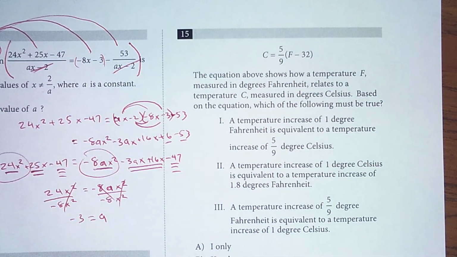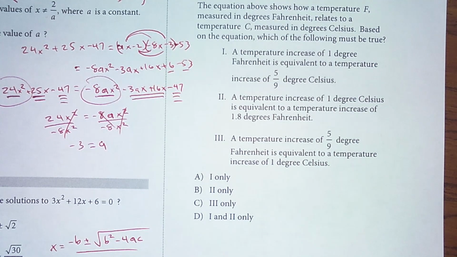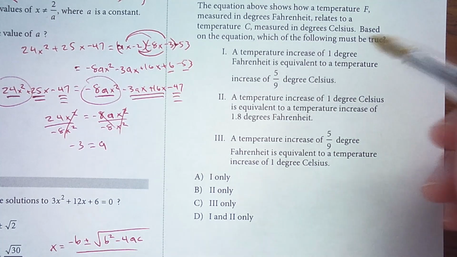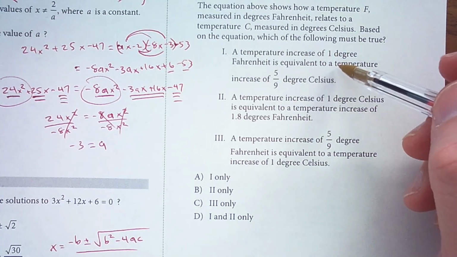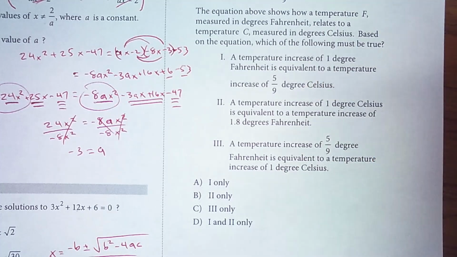For 15, the equation above shows how a temperature F in degrees Fahrenheit relates to a temperature C measured in degrees Celsius. Based on the equation, which of the following must be true? So it could be statement 1, 2, 3, or 1 and 2. A temperature increase of 1 degree Fahrenheit is equivalent to a temperature increase of 5/9 degrees Celsius.